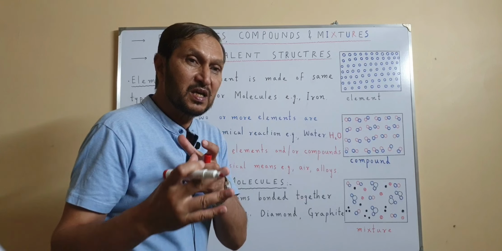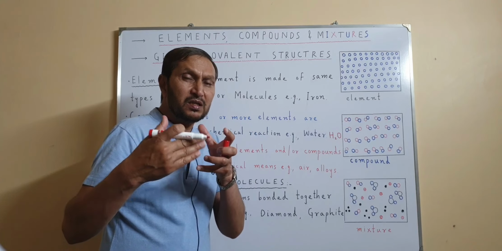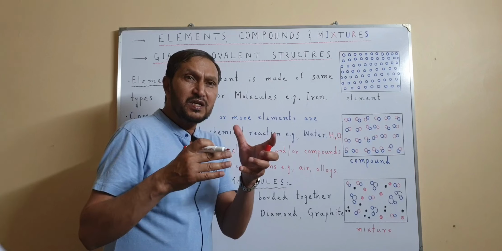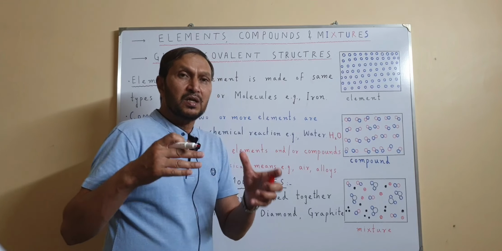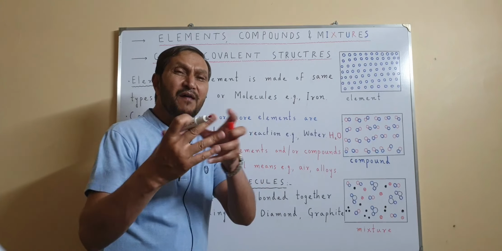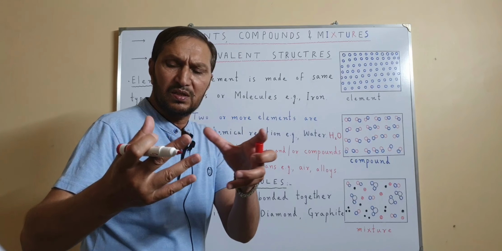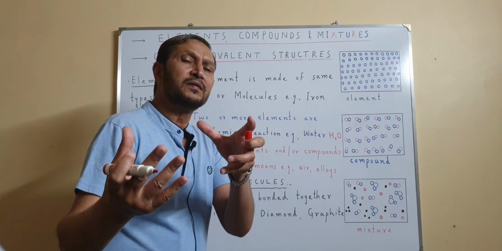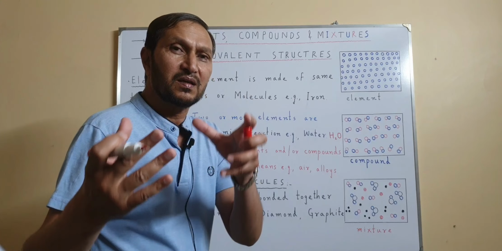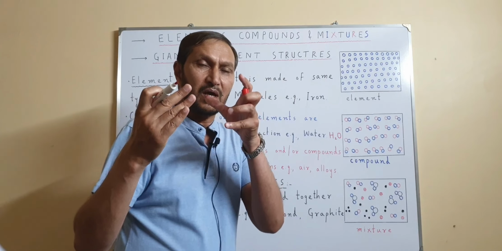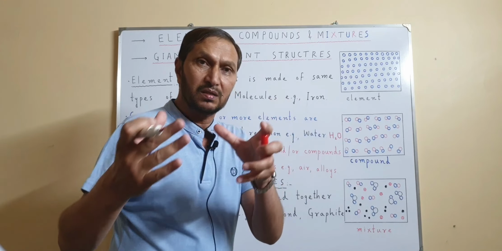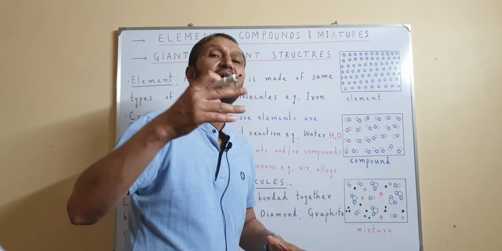Rather, what happens is that in the mixture, the properties of whatever we mixed become an average. In the mixture there is an average of all the elements which are mixed in the mixture; their properties are an average.